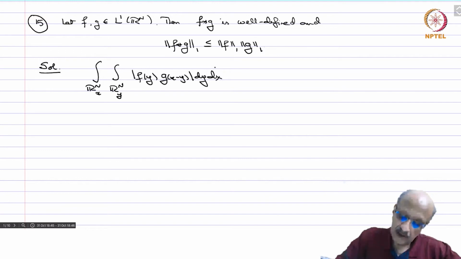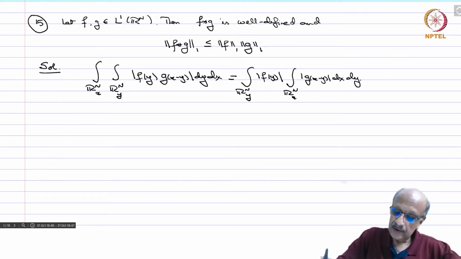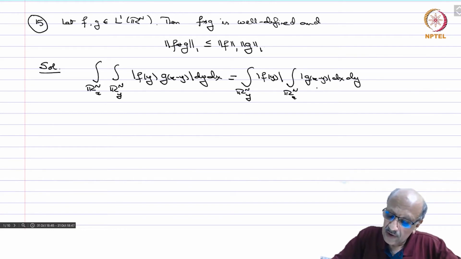Everything is non-negative in the integrand, so you can interchange the order of integration. So this is integral over R^n of mod f(y), integral over R^n of mod g(x minus y) dx dy.